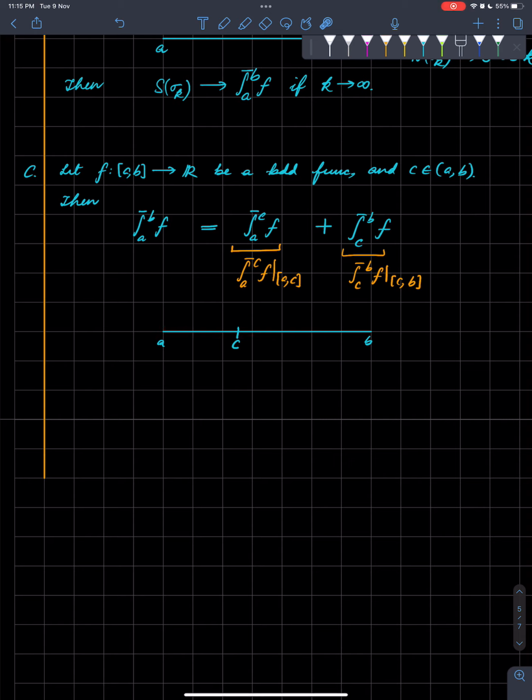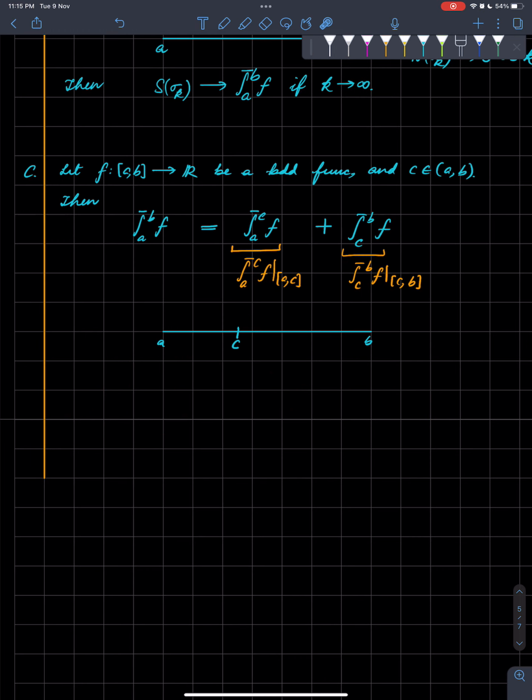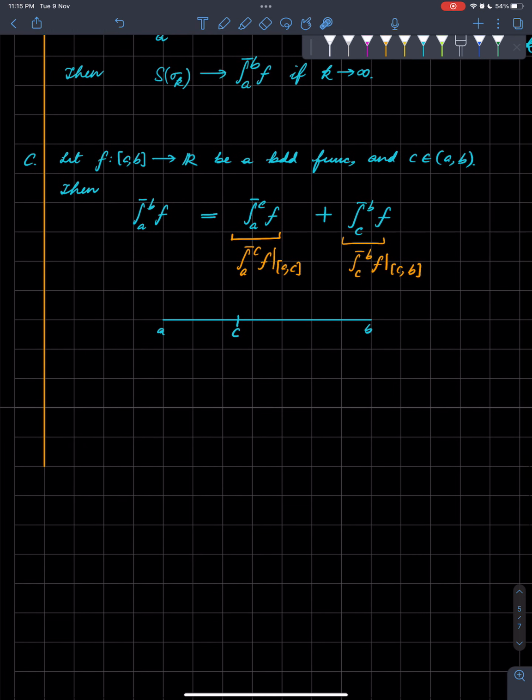So then it's clear that S of the concatenation is S sigma k plus S tau k, sorry, not rho k, this is tau k as I wrote, and this was sigma k. So if you take the limit, you know what's happening. So it's something that we have now proved.